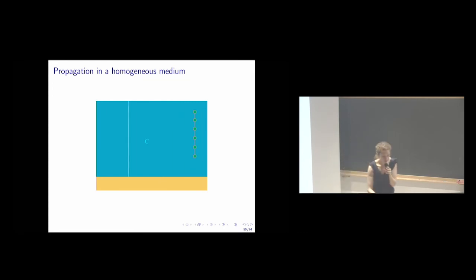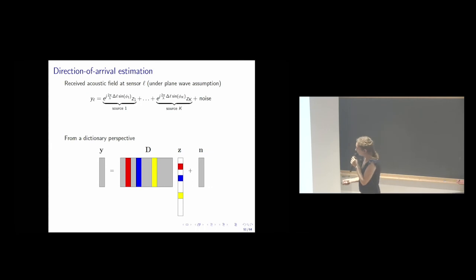When you deal with this kind of ocean, you receive an acoustic field on your antenna, here on the particular sensor, which is the sum of different plane waves coming from different directions, with contribution Zi. Okay, and you have some noise.